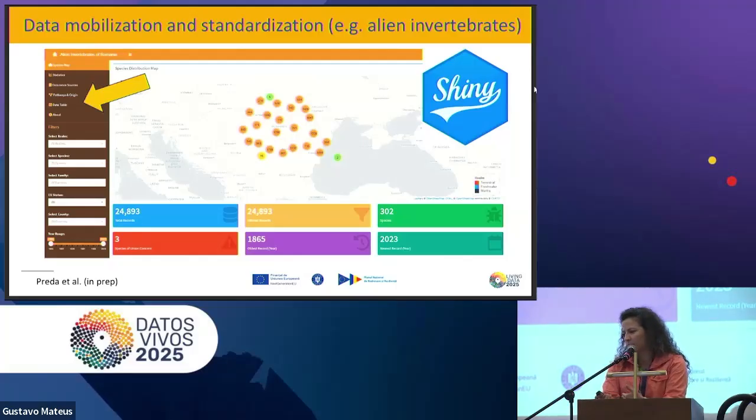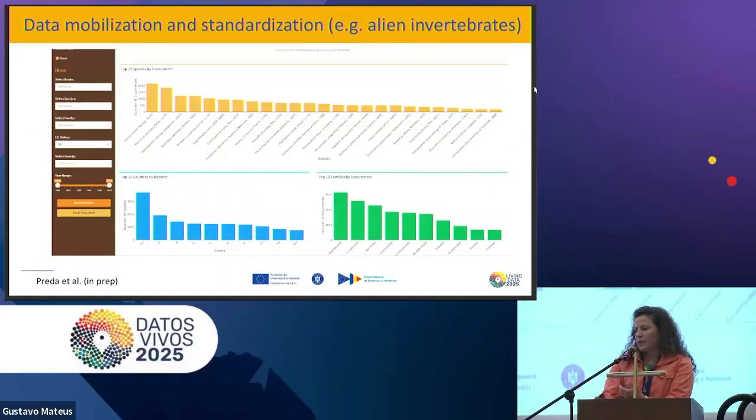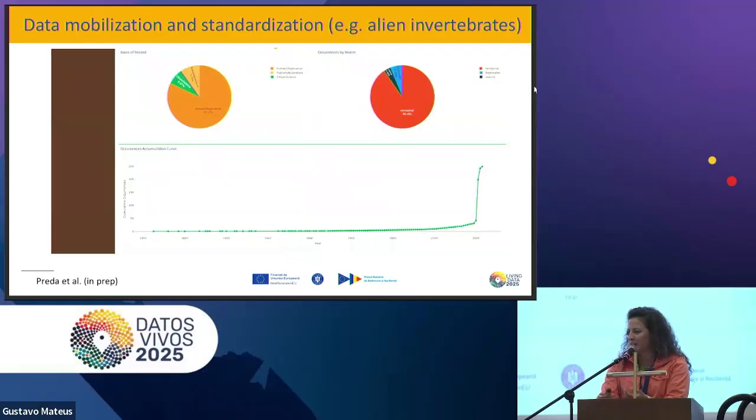For example, in this case, we have 3 species of Union concern of alien invertebrates in Romania. Then you can have some statistics and summaries. I don't expect you to read what's written over there. It's just a list of species, top 10 by counties, top 10 by families, things like that. You can play around, customize and download all of this data.